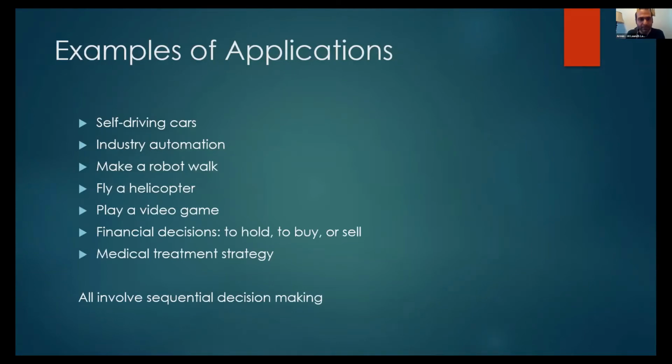Some examples of reinforcement learning are self-driving cars, industrial automation, making a robot move, flying a helicopter, playing video games, financial decisions like to hold, buy, or sell something, or medical treatment strategy. All of these examples involve sequential decision making.